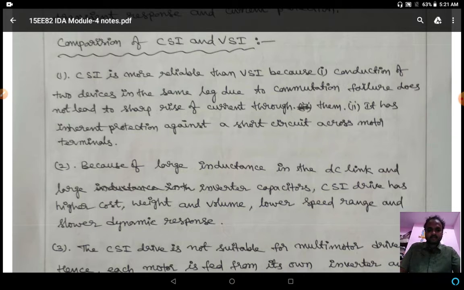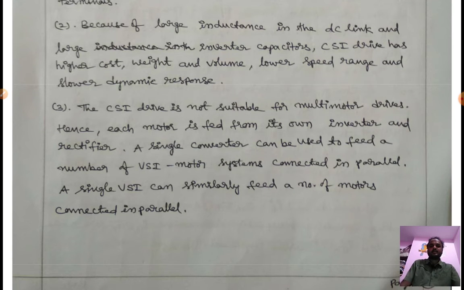Next, the second one: because of large inductance in the DC link and large inverter capacitors, CSI drives have high cost, weight and volume, lower speed range and slower dynamic response. So the inverter inductor you are using in CSI instead of VSI makes the cost of the CSI drive more, and weight and volume also increase compared to the VSI.